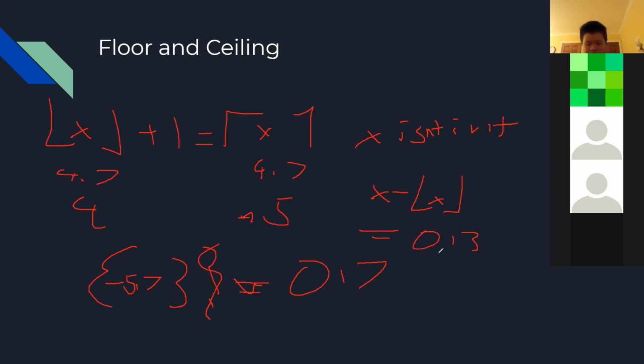A good thing to note when doing fractional or floor of negatives is that the fractional part is always an integer interval away from the real thing. Okay, so let's move on.